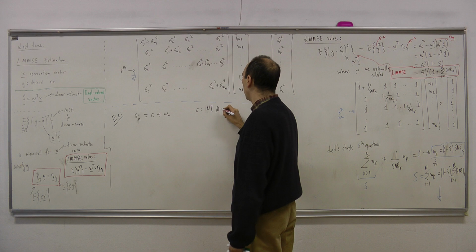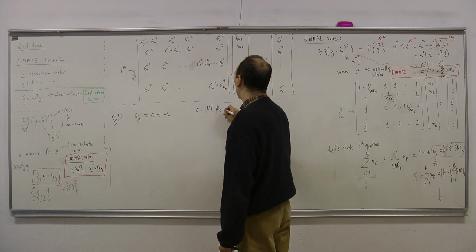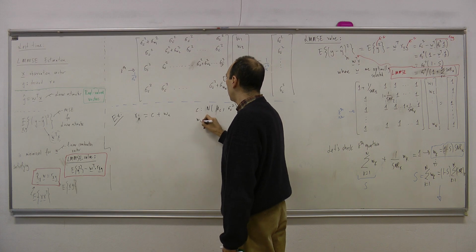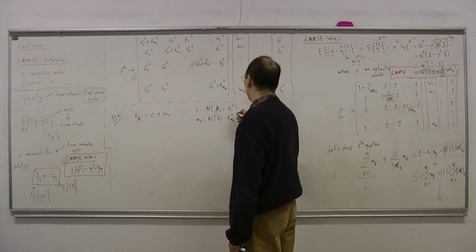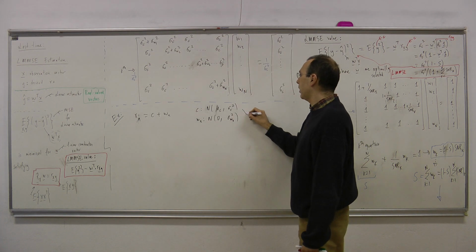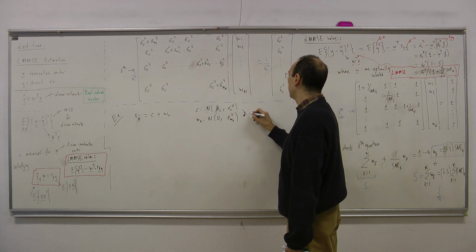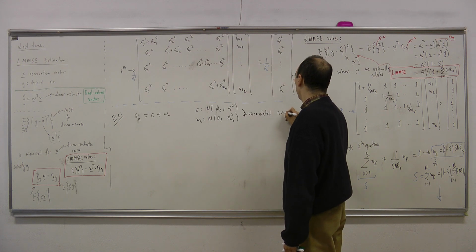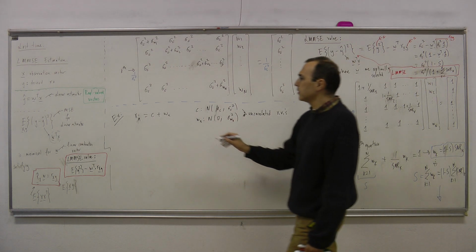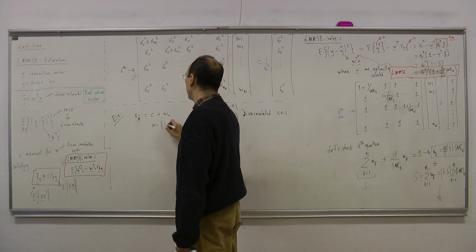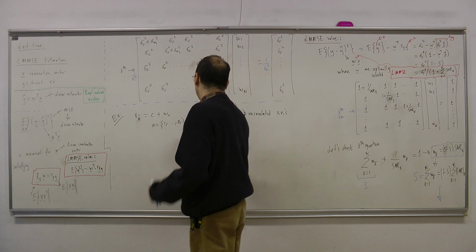The distribution is not important for our purposes, but there is mu of c and sigma c square, and w of n is as before. So they are, let's say, uncorrelated random variables, and this is defined like that for every n. Okay, it's the same problem. So I have observations, this.